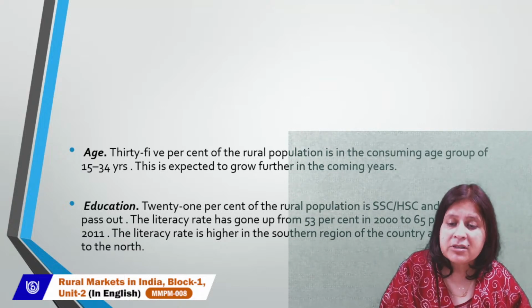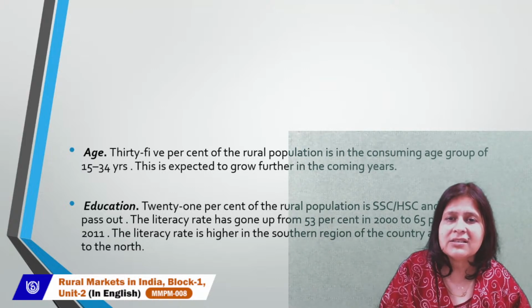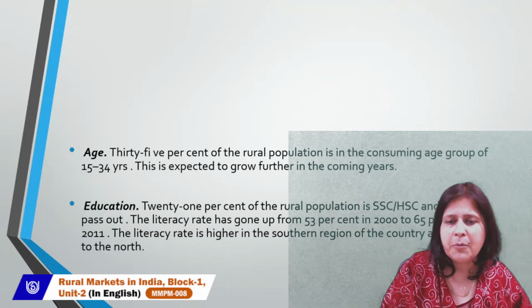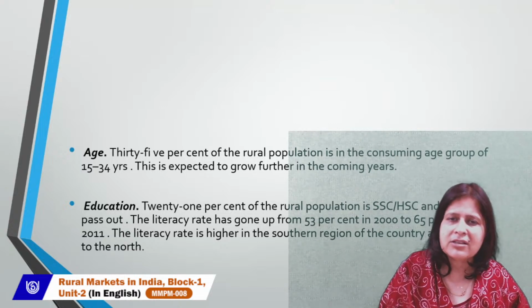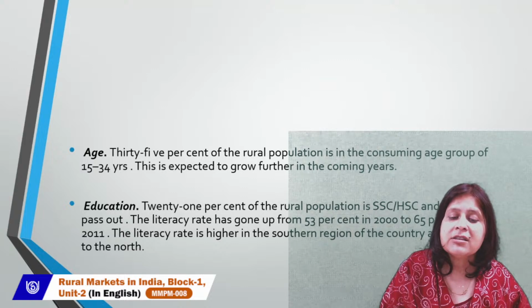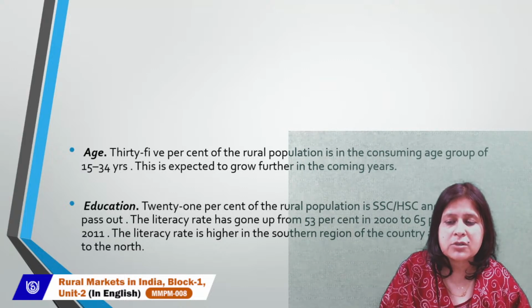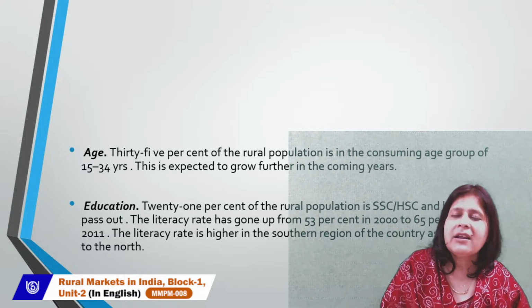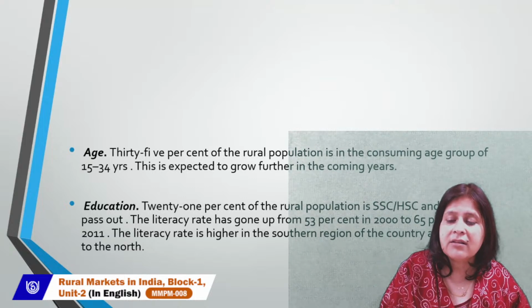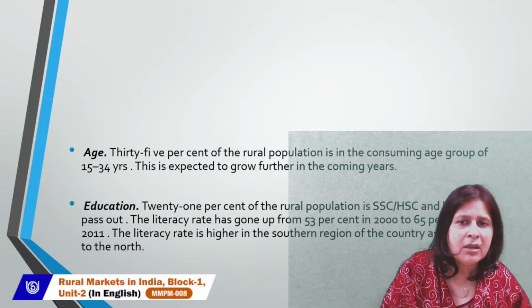Education. 21% of the rural population is SSC or HSC and higher pass out. So 21% are either SSC or HSC pass out, and the literacy rate has gone up from 53% in 2000 to 65% in 2011. And the literacy rate is higher in the southern region of the country as compared to the northern region.